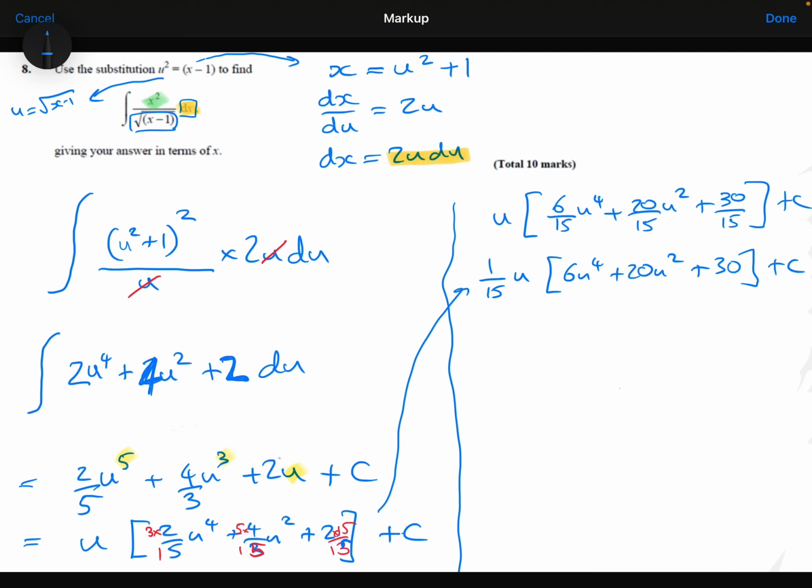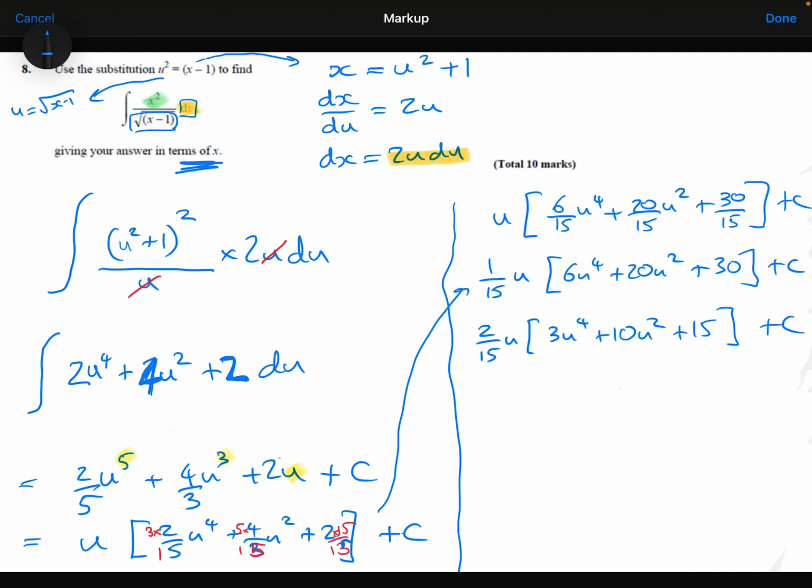I can then go one step further, I think I can take a 2 outside here. So let's do that. Right, that is as simple as I can write it in terms of u.